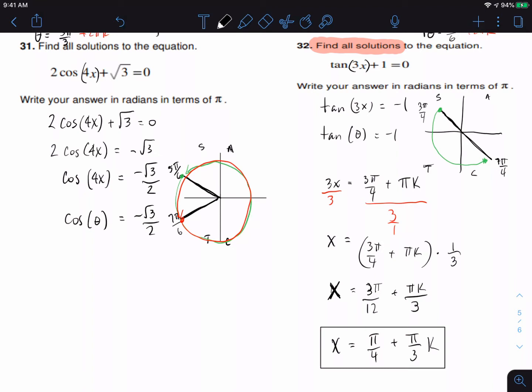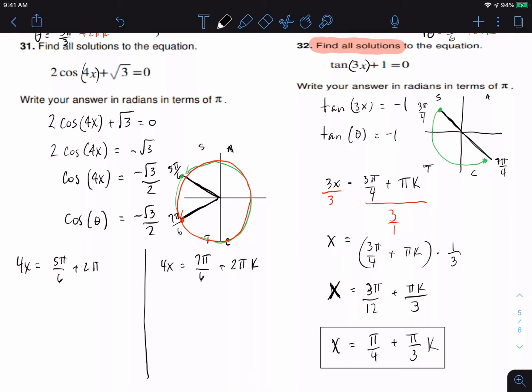I'm going to get 4x is equal to 5 pi over 6 plus 2 pi, right? In fact, let me write it over. 4x is equal to 5 pi over 6 plus 2 pi. And then my other solution is going to be 4x is equal to 7 pi over 6 plus 2 pi.